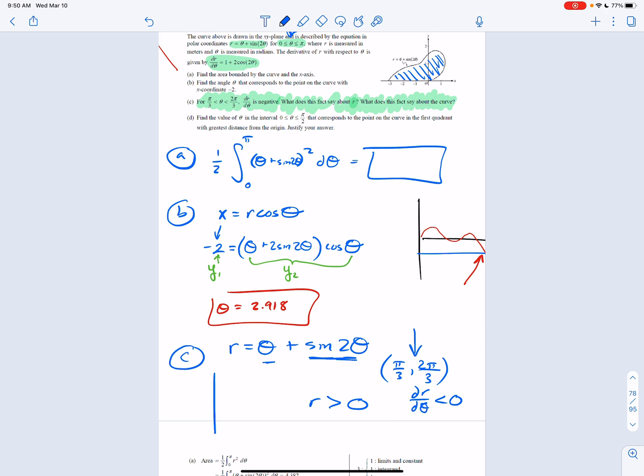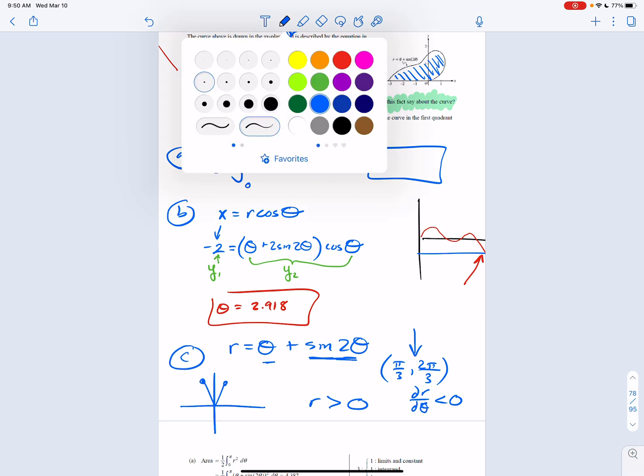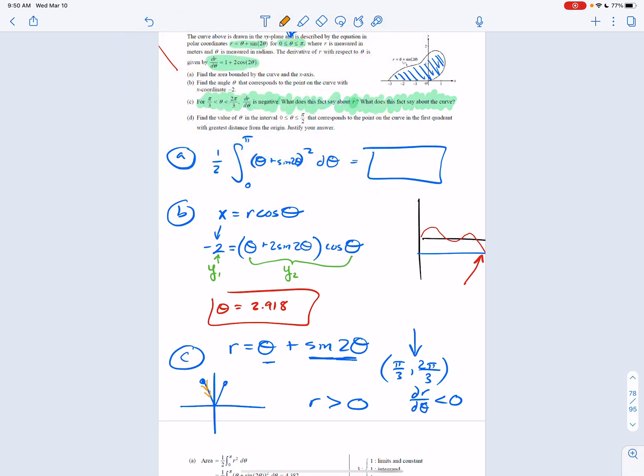Okay? So let me just draw something here. Let's say that r is greater than 0. So you're somewhere in the first or second quadrant. And if dr d theta is less than 0, that means r is decreasing, meaning that whether you're in the second or the first quadrant, notice how you're going to head towards the origin.